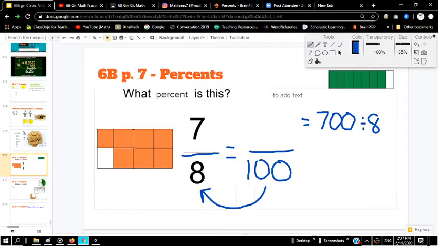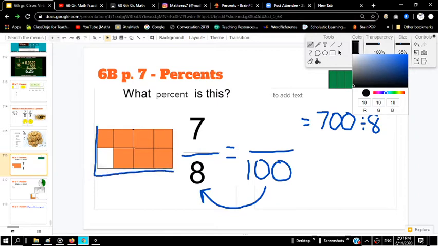Now let's just take a pause right here for a second. If I look at this fraction that's represented right here, I know that the majority of it is colored in. So this is going to be a pretty good majority and pretty close to 100. Not like the other one, which was just 3/4. It was a little bit further away from 100. Okay, so let's figure this out.